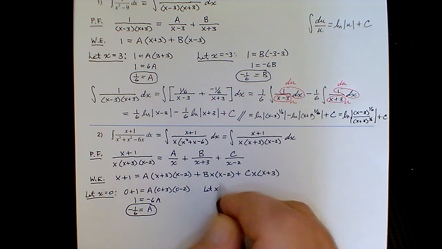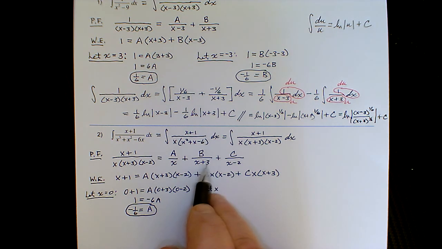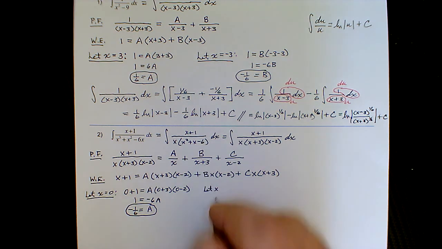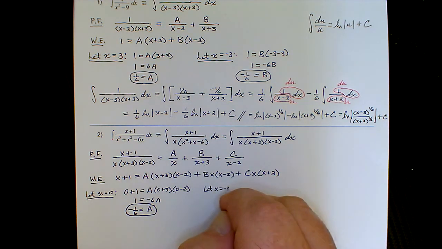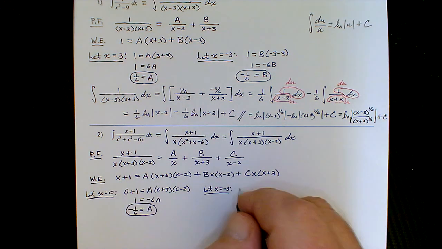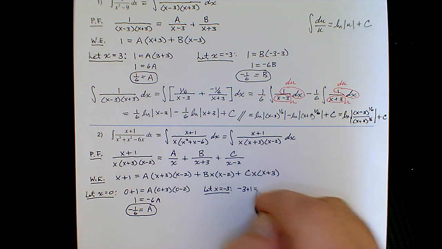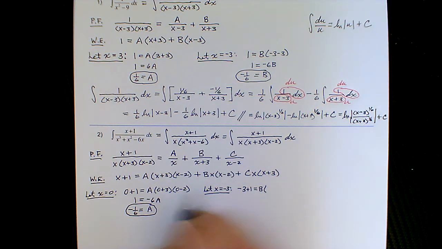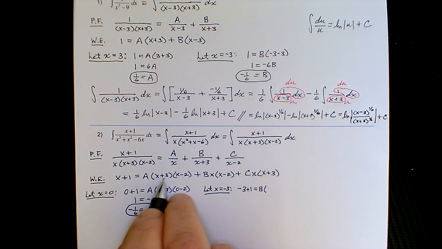Okay, now let's see if I want to solve for b. I'm going to look at this, and I'm going to say, alright, I want that to be 0, so let x equal negative 3. Again, don't forget on the left-hand side, you got to plug in a negative 3 as well. So negative 3 plus 1 is b times, see a negative 3 in for x here goes to 0, so no need to show that.